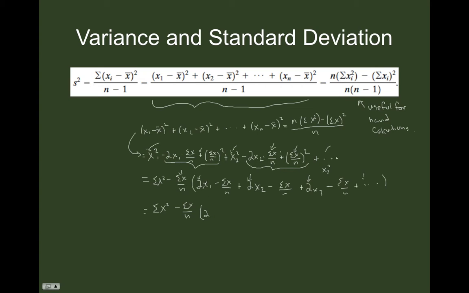And then notice the x1 plus x2 plus x3 plus x4 plus x5 all the way to xn can be represented as a sum of all the x's over n.